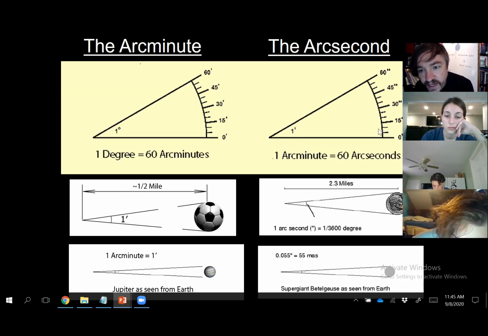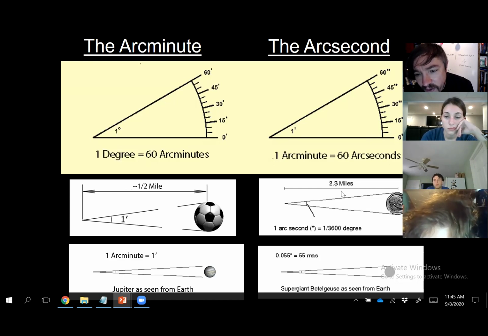However, for stars, we need much smaller angles. That's where we make up the arc second. We break 1 arc minute into 60 more pizza slices. And then an arc second is kind of like looking at a dime from 2.5 miles away. There's no way you could make out any features on a dime from 2.5 miles away.